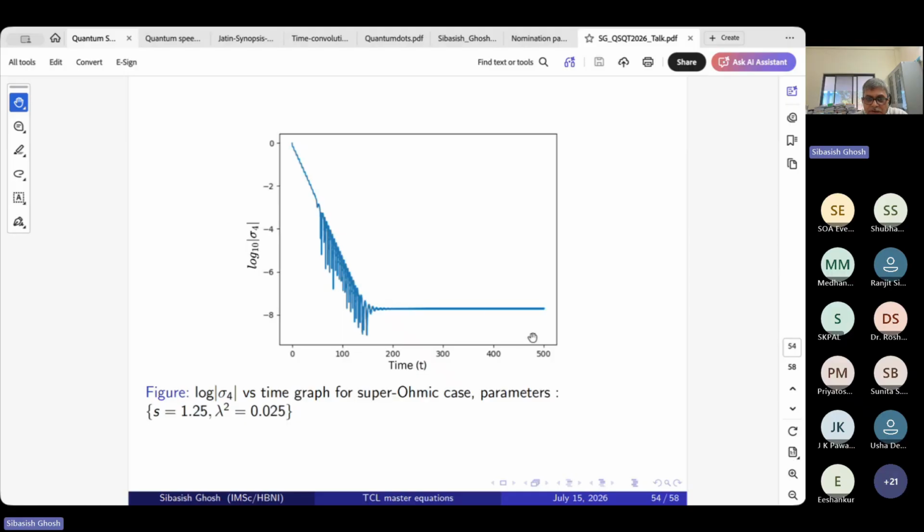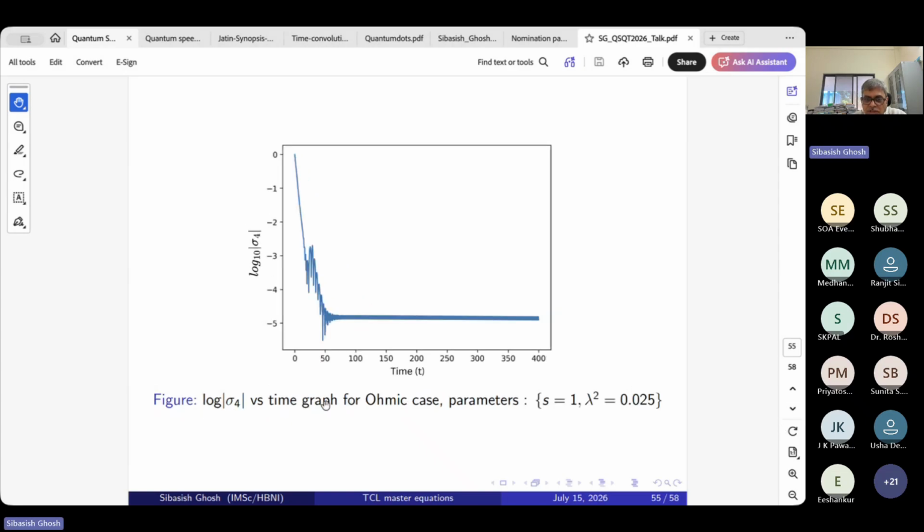For the ohmic and super-ohmic cases, S is greater than 1, S is 1.25. You see that again you have oscillatory behavior. The logarithm of the magnitude of sigma 4 is going towards 0, and ultimately it will decay exponentially.